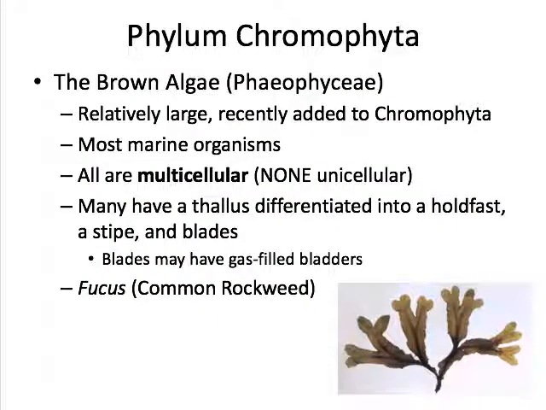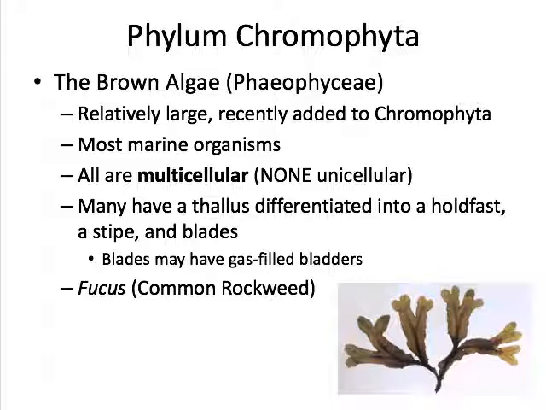Our next member of this diverse phylum Chromophyta is the true brown algae, which includes the giant kelp. Giant kelp belongs to the genus Fucus, and they are relatively large types of algae, especially compared to the others. Most of the brown algae are marine organisms that belong to this group, and all of them are multicellular.